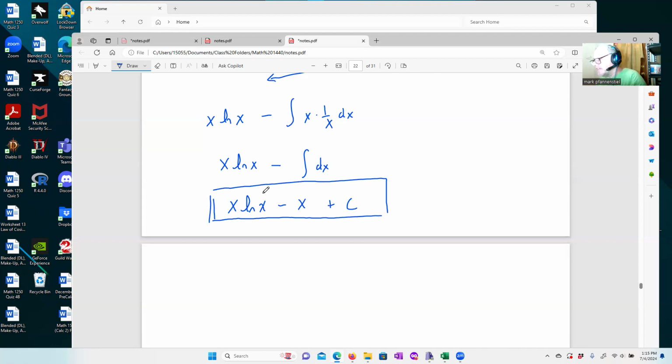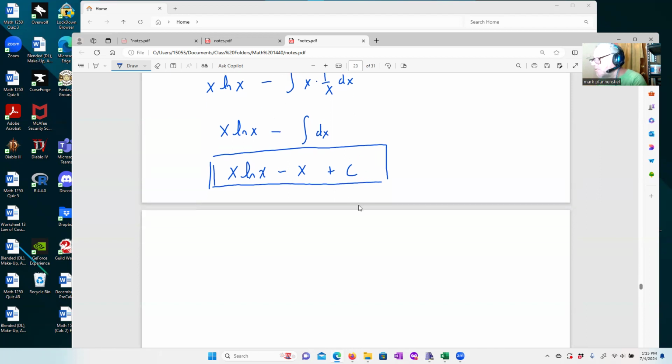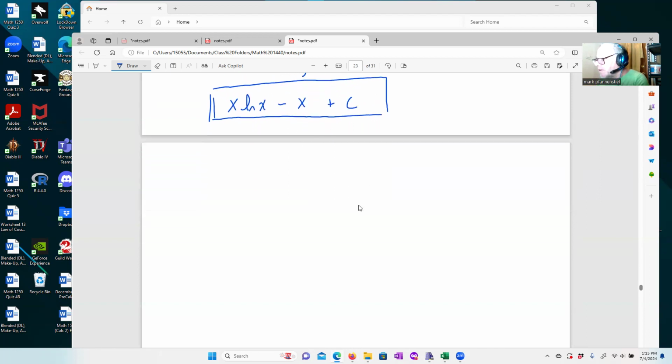Okay, let's do at least a couple of examples, because this is one of those techniques that is really worth knowing because it works for a lot of different kinds of integrals. So let's take the integral of x times 2 to the x dx.